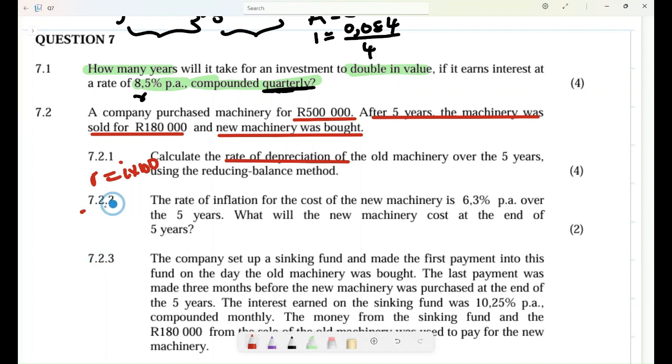So calculate the rate of depreciation of the old machinery over 5 years using the reducing balance method. The reducing balance method is A is equal to P into 1 minus I to the power of n. Remember, when something depreciates, it loses value, so we use minus.